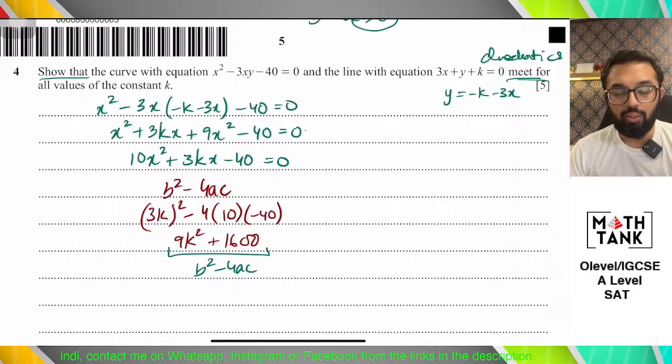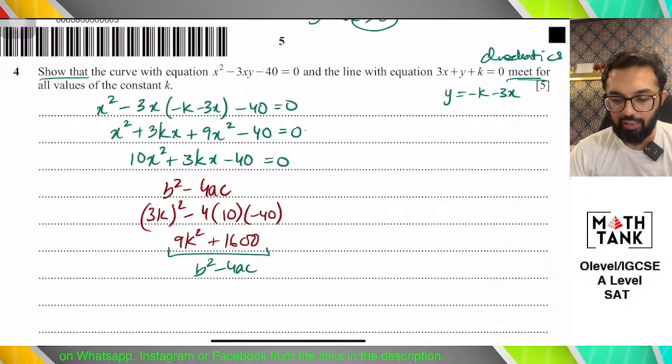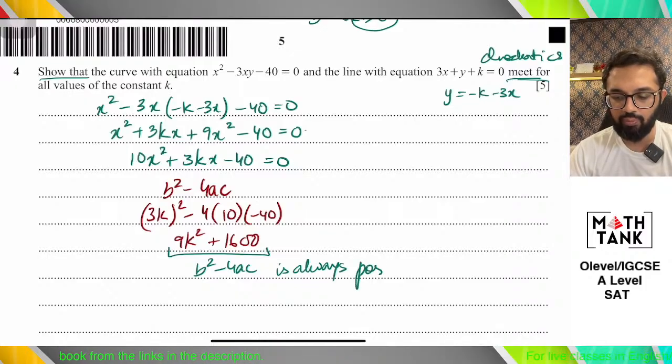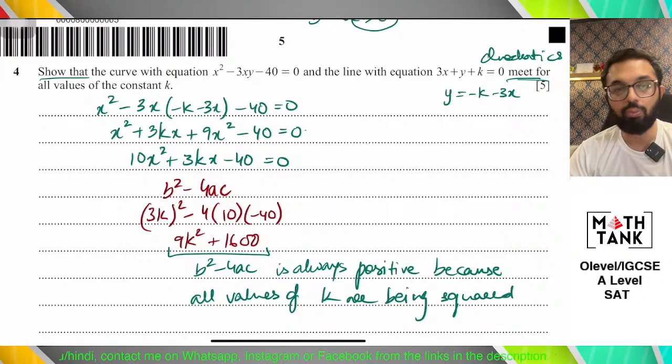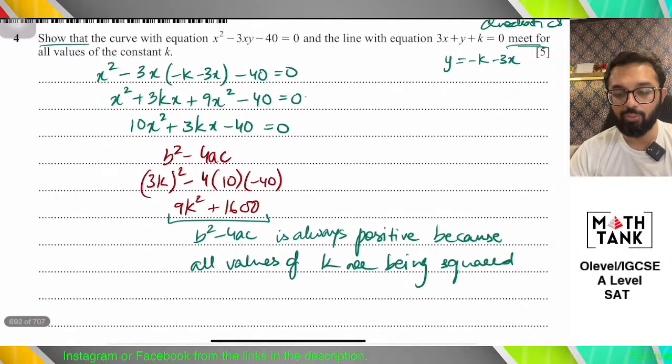Now b square minus 4ac is always positive because all values of k are being squared. In some cases at this point you will have to complete the square as well.